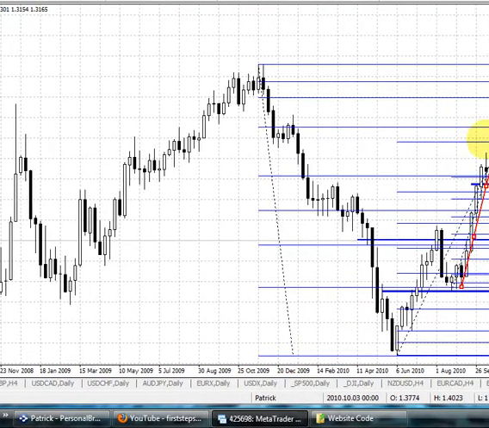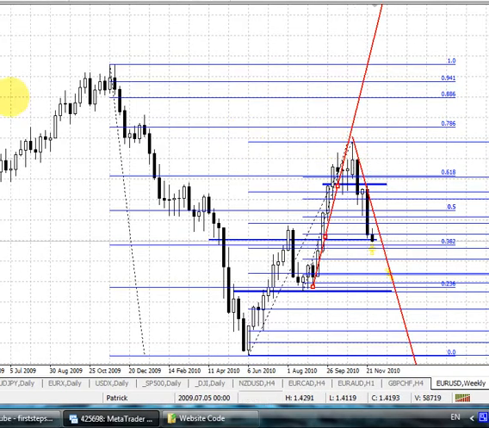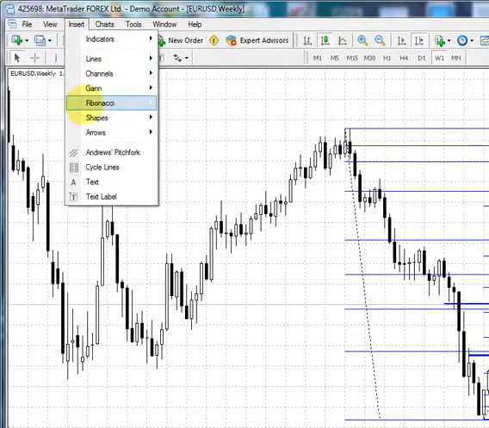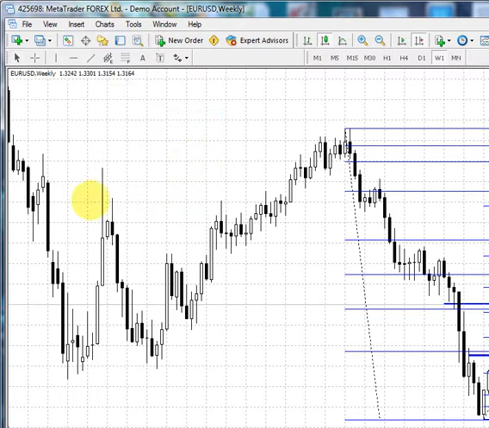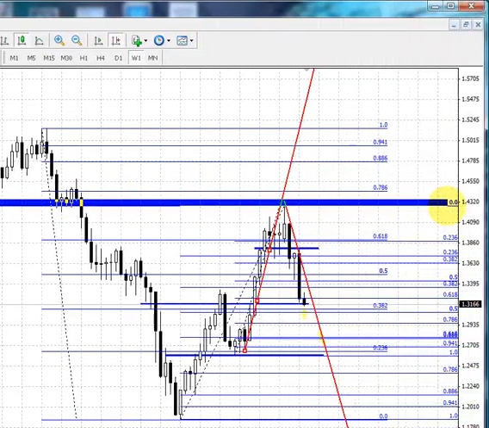Okay, had the reversal there. The reversal wasn't particularly in a particular place there, but if you look, there was a major pivot line. Because if you draw, look, it's bounced off here, it's bounced off there, it's bounced off here, here, multiple times, and look, it bounced off there again.